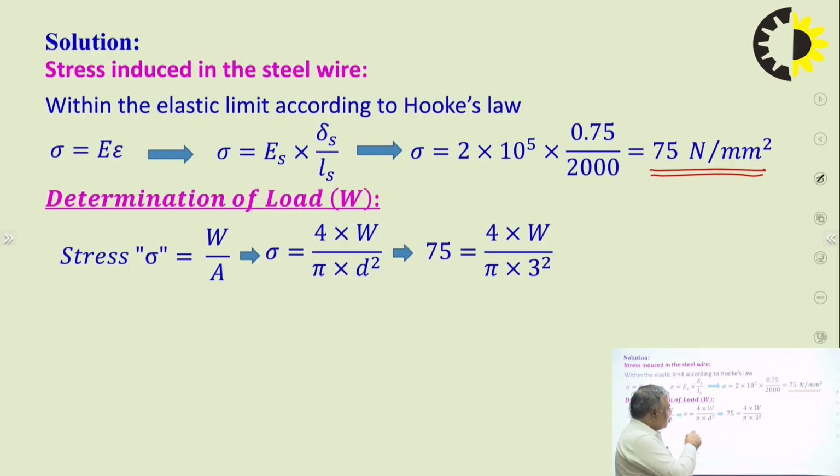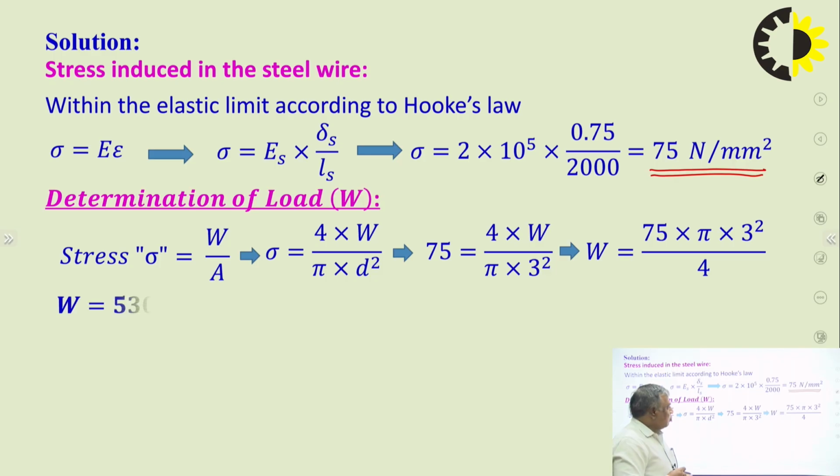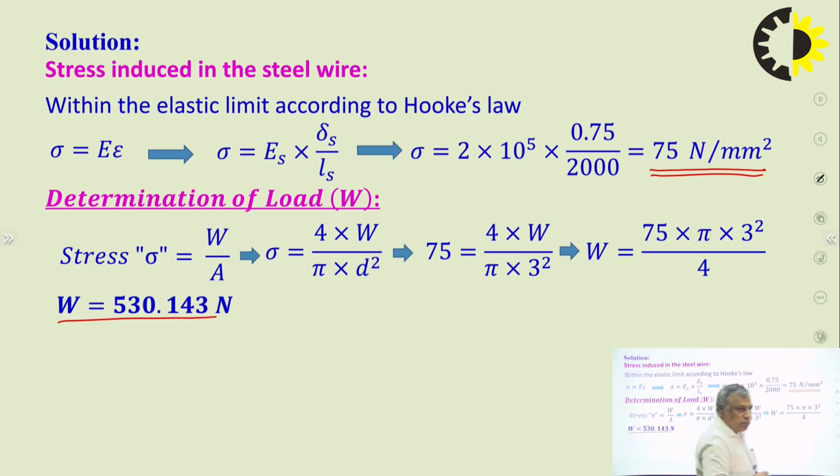We have put all the values, W is unknown, so we can find W. W is 530.143 Newton. Load is known, and this load we apply on the brass wire. So the stress induced in the brass wire can be easily found.